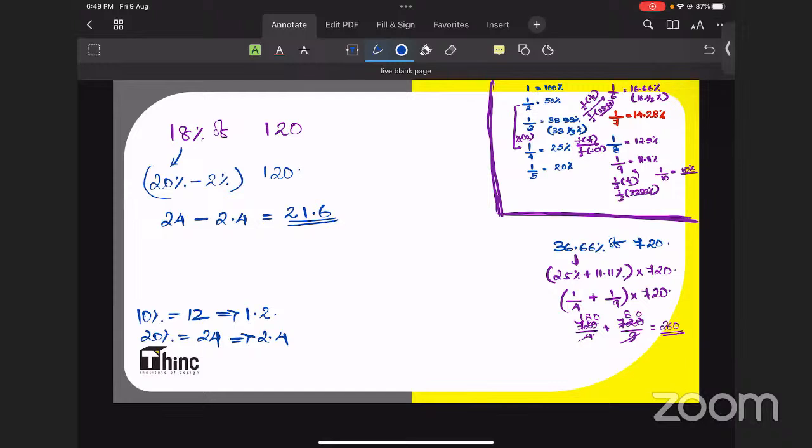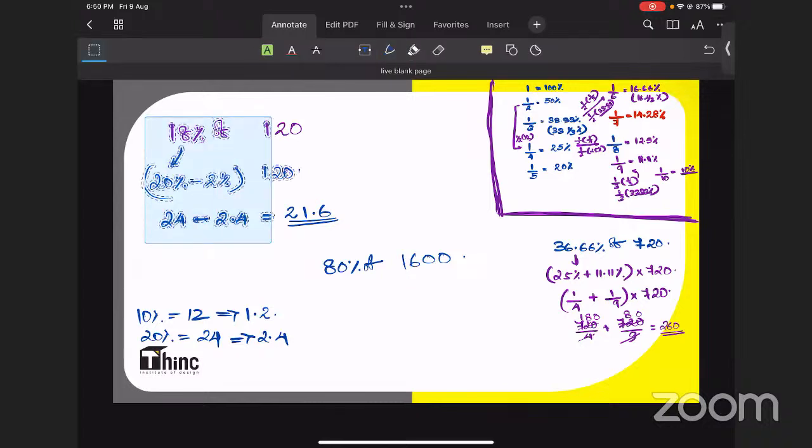So let's try another question. Find 80% of 1600. Now you can solve this.